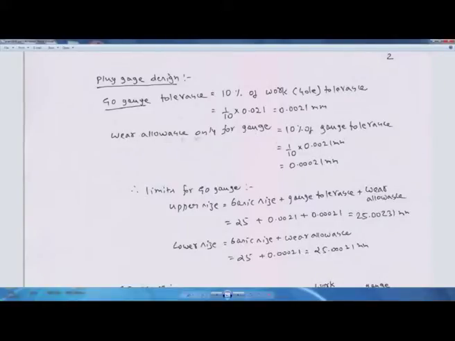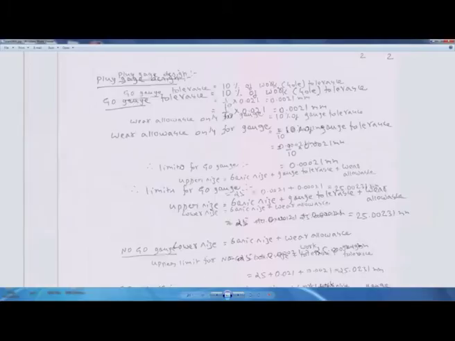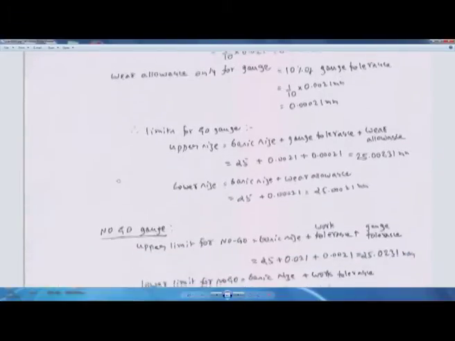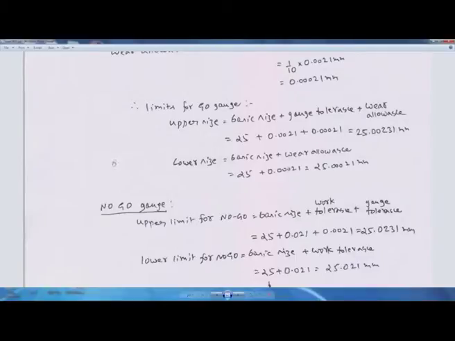So wear allowance is provided only for the go gauge, which is taken as 10% of the gauge tolerance. So 10% of 0.0021 millimeter will give us 0.00021 millimeter. This is the amount of wear allowance provided on the go gauge. Once we find the gauge tolerance and wear allowance, we can fix the limits for the go size.